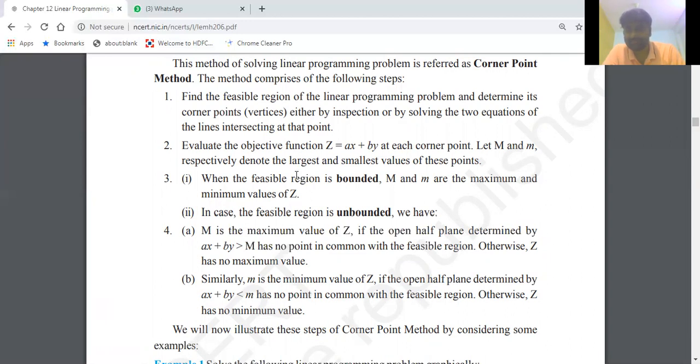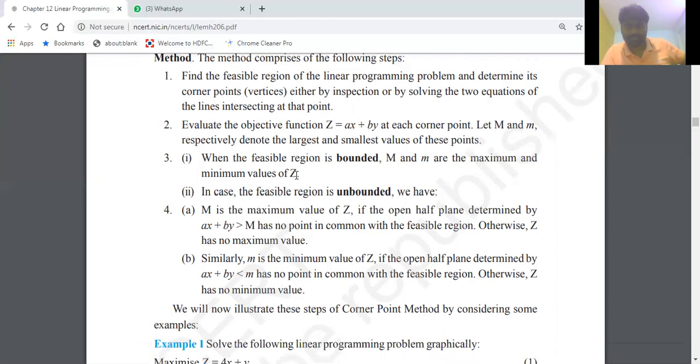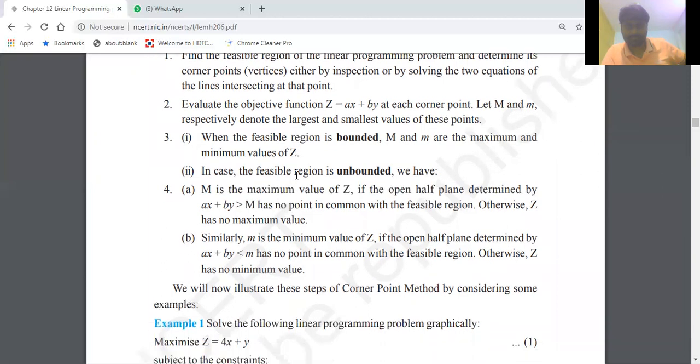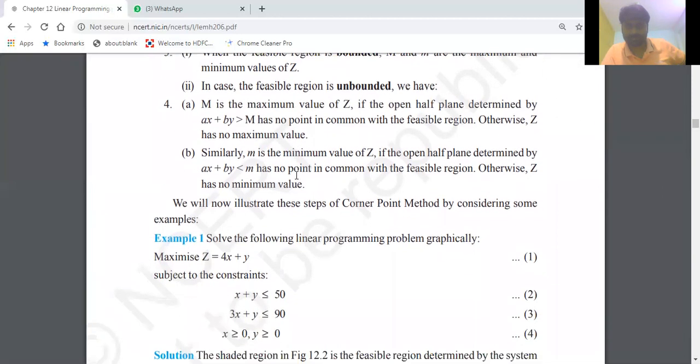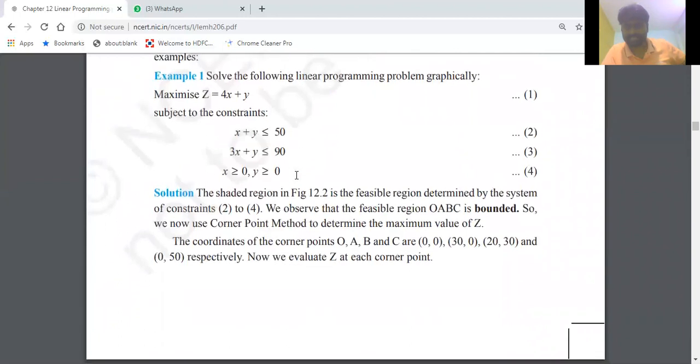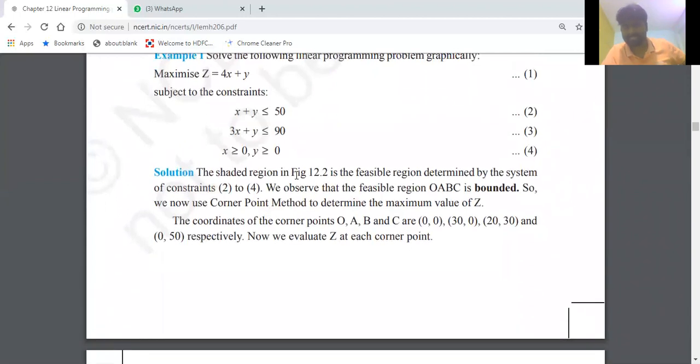Bounded. Anyway, in the next class we'll see problems about unbounded. So in this lecture we'll discuss bounded problems only. Let us see one problem in this. Just have a look at that. It is very easy to understand. A basic problem.